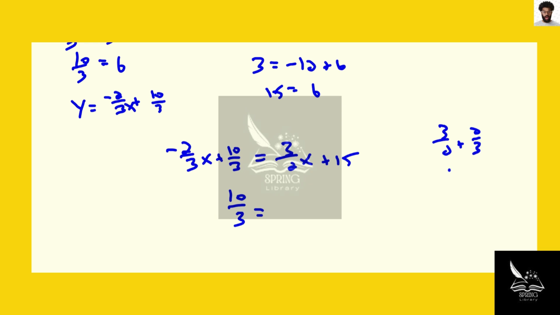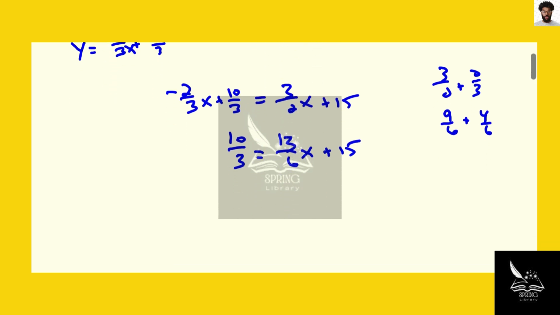So this would be 9/6 plus 4/6, or 13/6. And then we'll want to subtract 15, which is 45/3. This is not a fun problem for you. And so 10 minus 45 is -35/3.